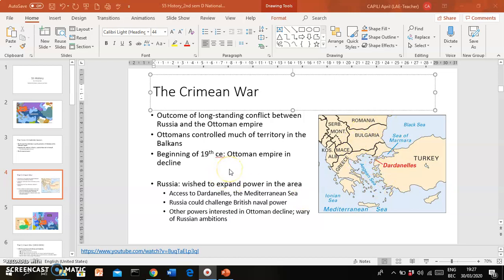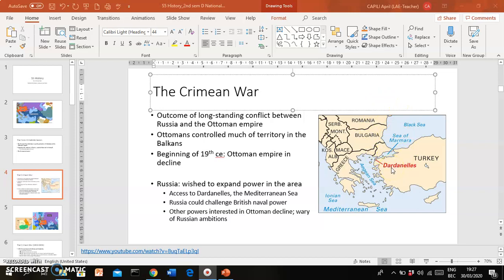At the same time, it's good to know that around this time, the Ottoman Empire was showing signs of decline. It was going down. Now, Russia, seeing an opportunity, wanted to expand its power in the area.